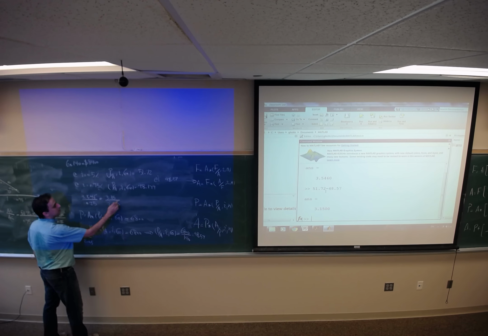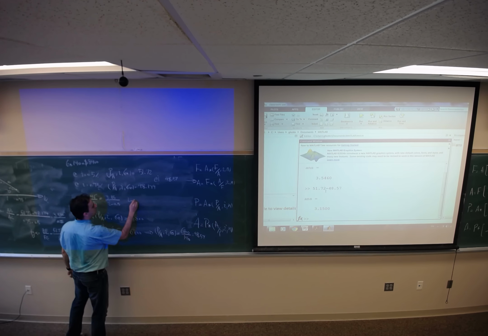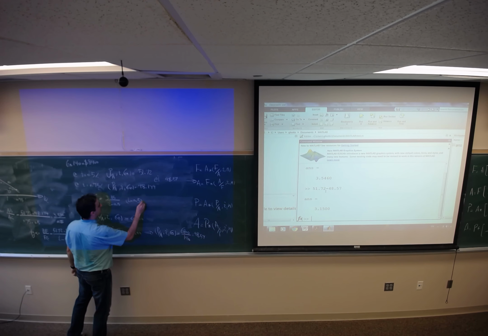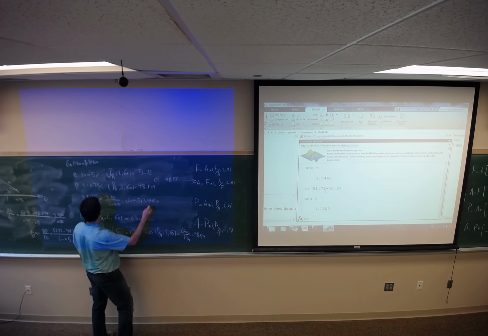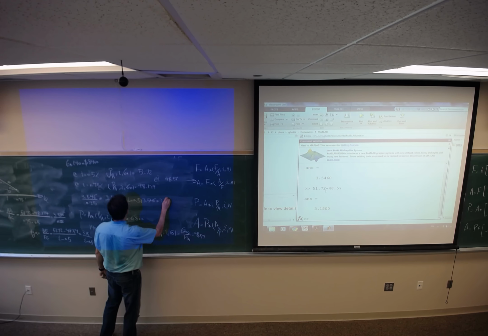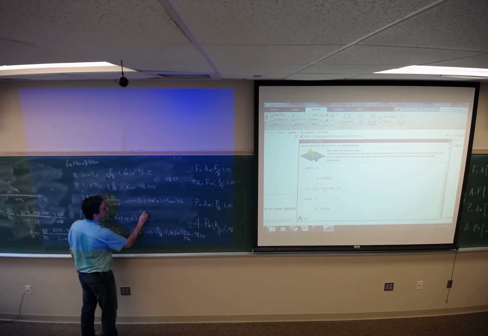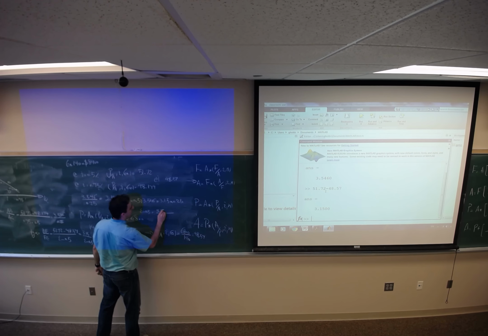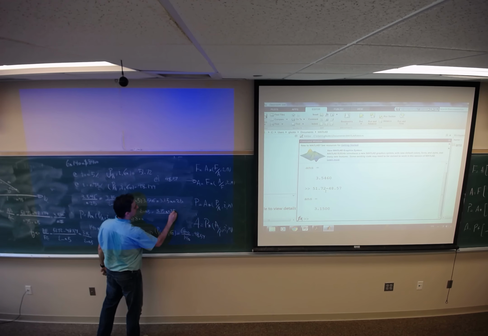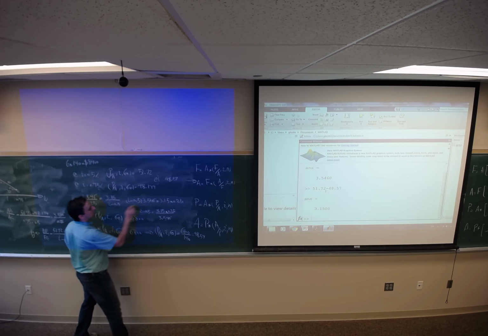This multiplied by this equals this multiplied by this. i minus 0.5 times 3.546 equals 3.15 times 0.25. Then this divided by this: i minus 0.5 equals 3.15 times 0.25 divided by 3.546.